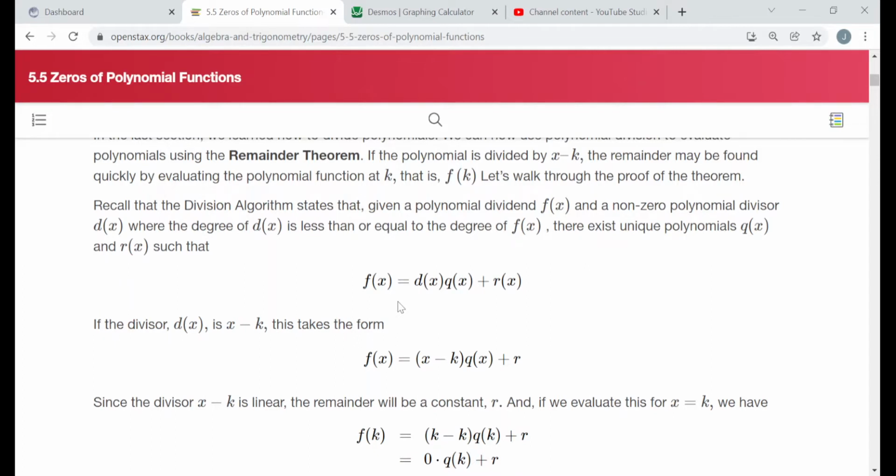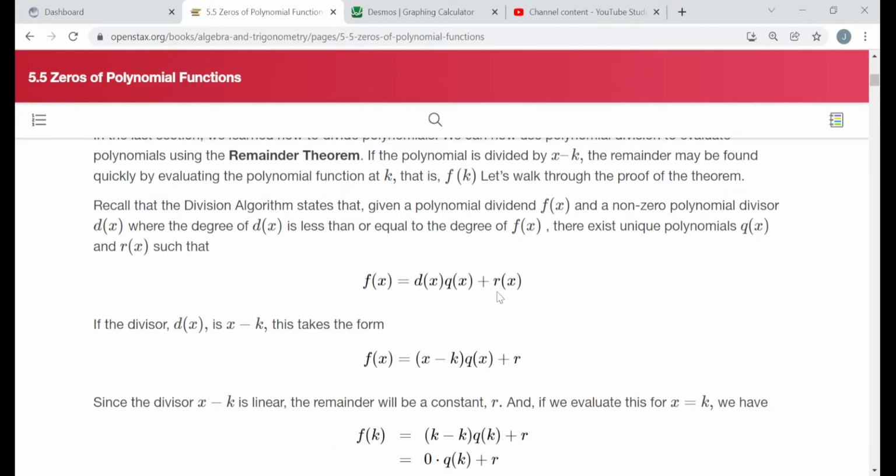Remember in section 5.4, and I put out some videos on this stuff, we did polynomial division. Suppose you divided a polynomial called f of x by a divisor called d of x, and there was a quotient, which they're calling q of x, and a remainder, which they're calling r of x.